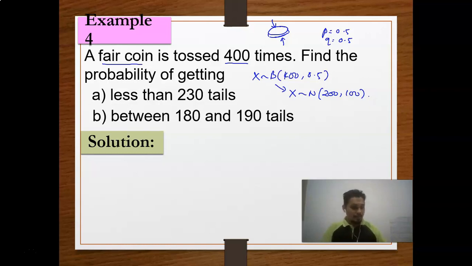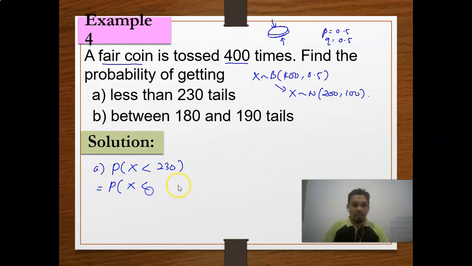So we find the probability of X less than 230 tails. It does not include 230, so we minus 0.5 and come out with 229.5.